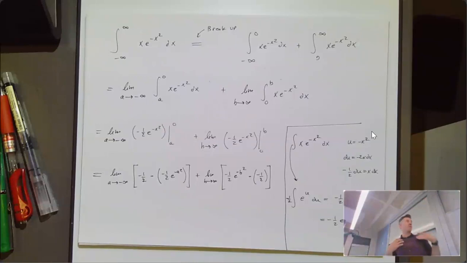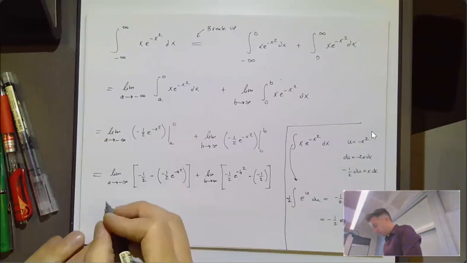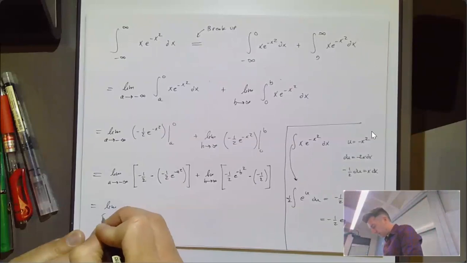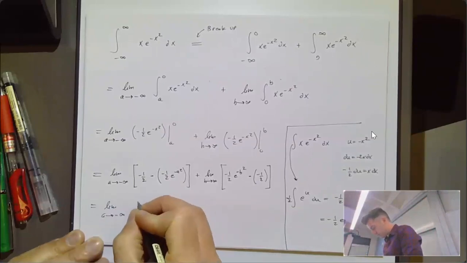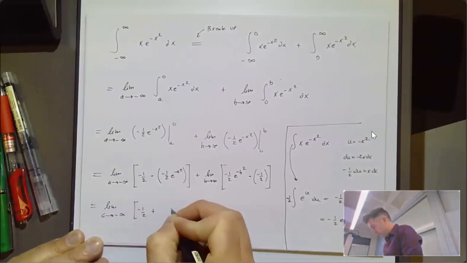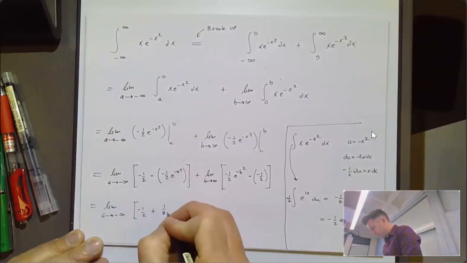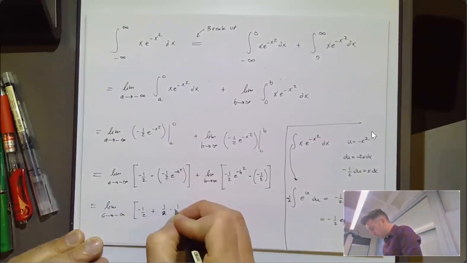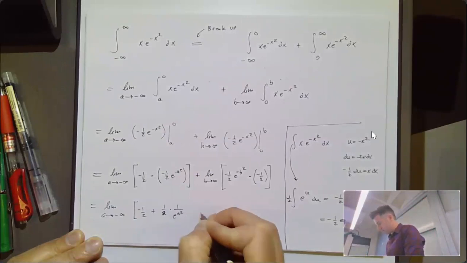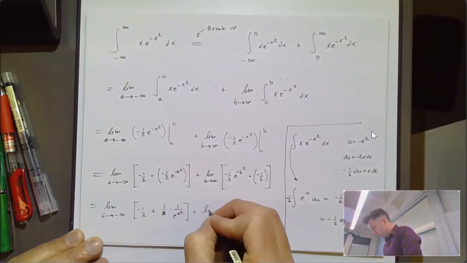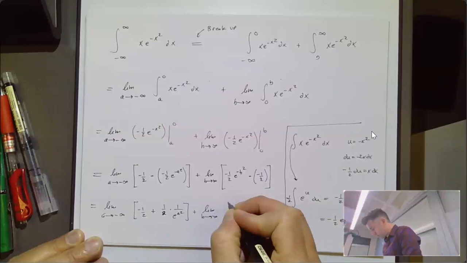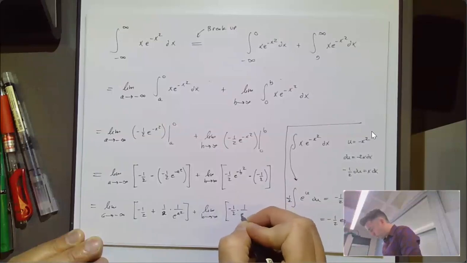Here's what I prefer to do personally. I like to rewrite this as 1/2 times 1 over e to the a squared. Same deal over here, I have -1/2 times 1 over e to the b squared.